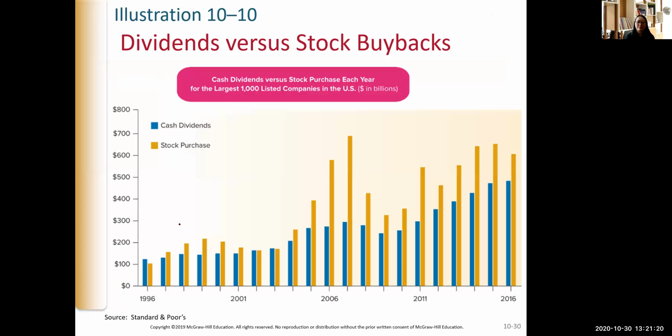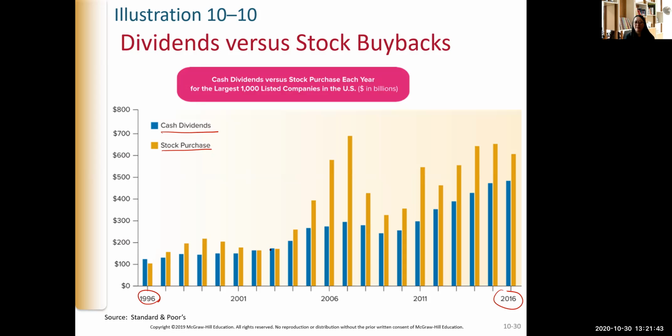So let's look at this graph, very interesting. From 1996 to 2016, the blue bar represents cash dividends declared by the company, and the yellow bar represents stock repurchases. As you can see, the blue is gradually increasing, but not as volatile as the yellow bar.